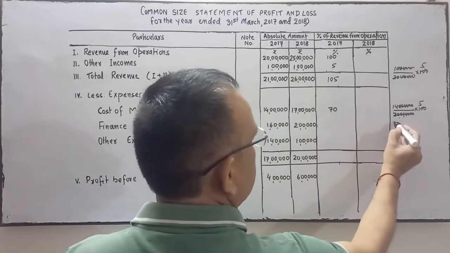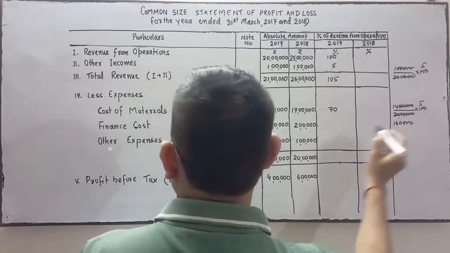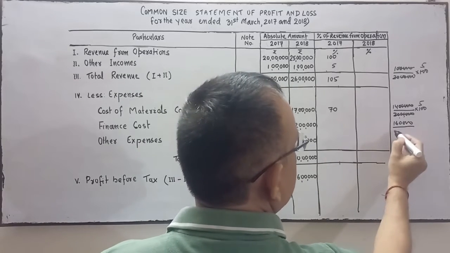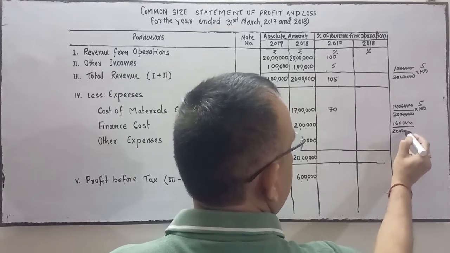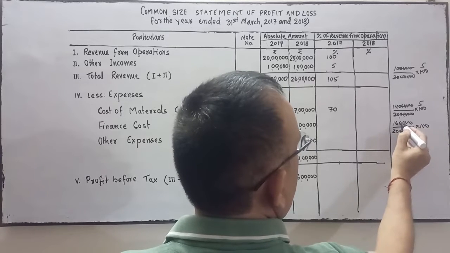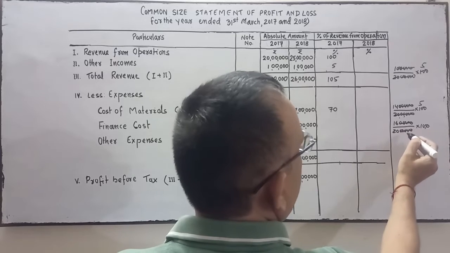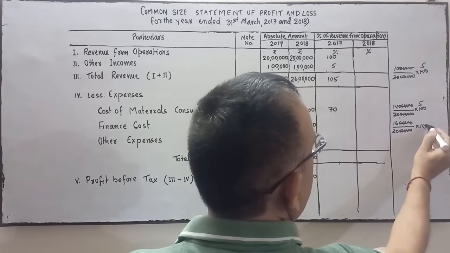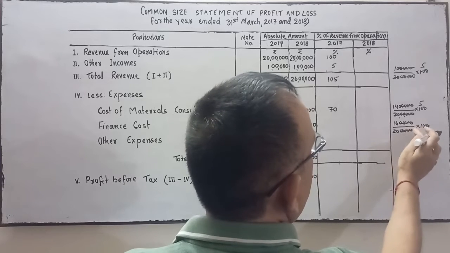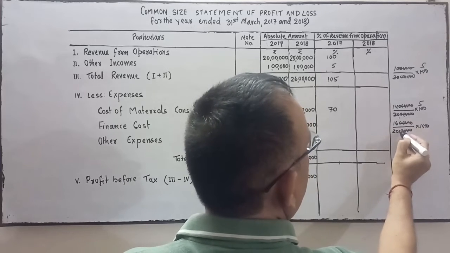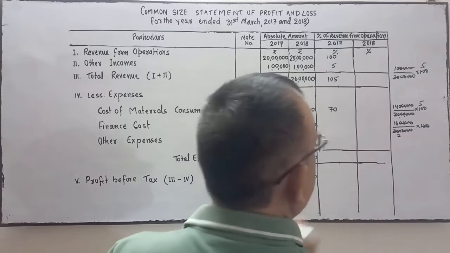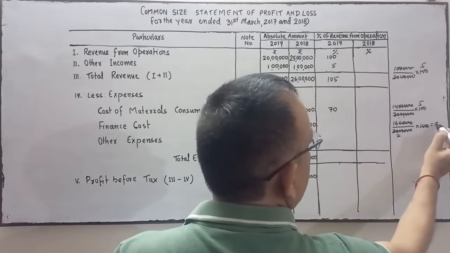Now 1,60,000, the finance cost, upon revenue from operation 20 lakhs, into 100. So it is 8%.